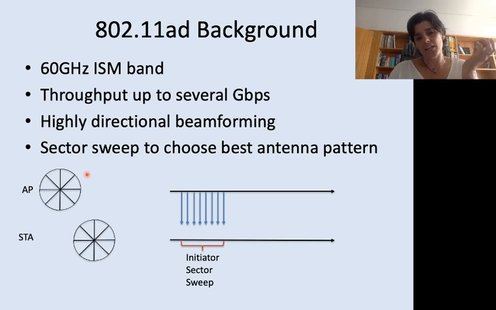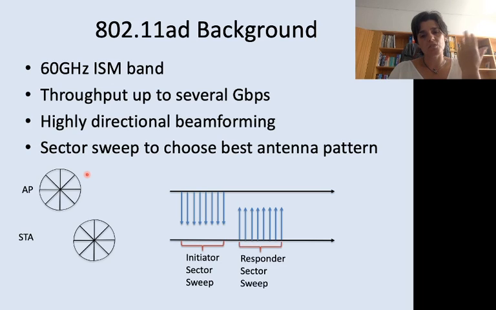And now it will send that information back in a similar manner, by sending on each of its own antennas that information to the AP. These are the responder sector sweeps, which the AP is listening to also with an omnidirectional antenna, measuring the SNR, so it can also choose the best sector for the station to use.